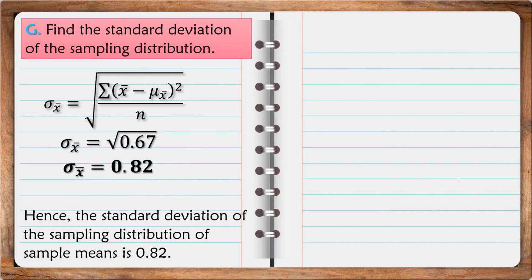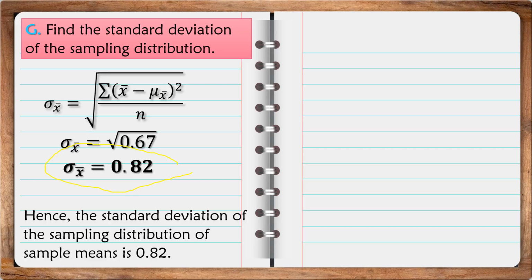Okay, so for us to find the standard deviation of the sampling distribution, a while ago we got 0.67. So if we get the square root of 0.67, we can get, of course, 0.82. This will be the standard deviation of the sampling distribution of sample means based on the given earlier.